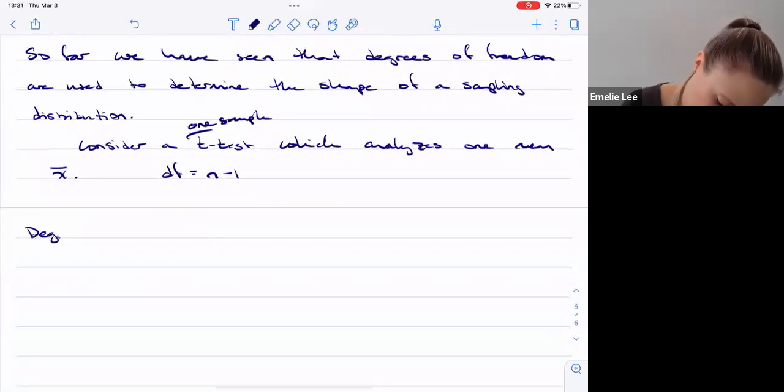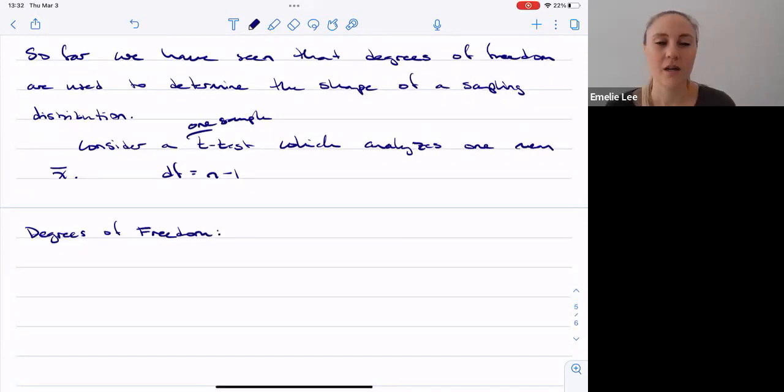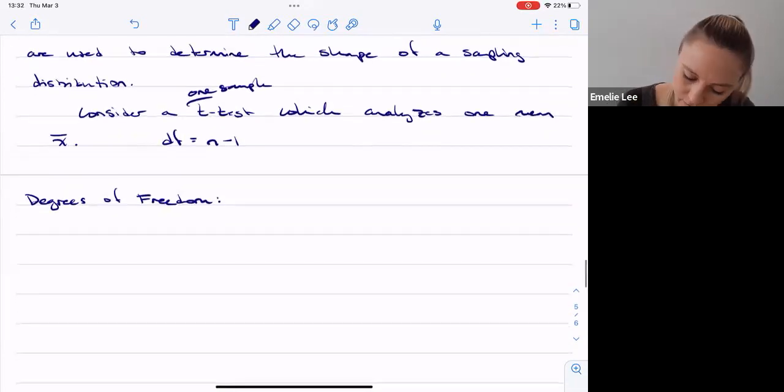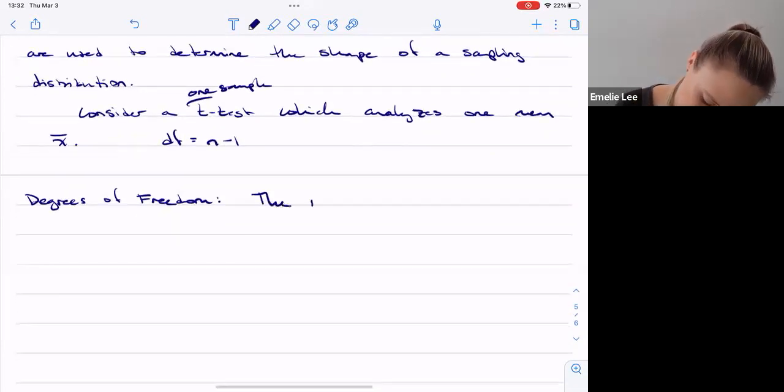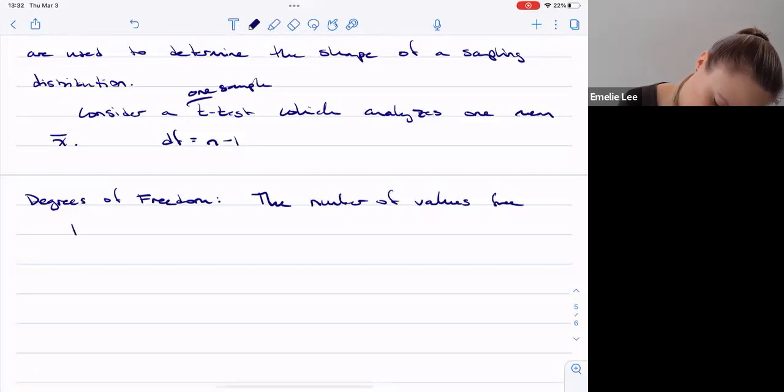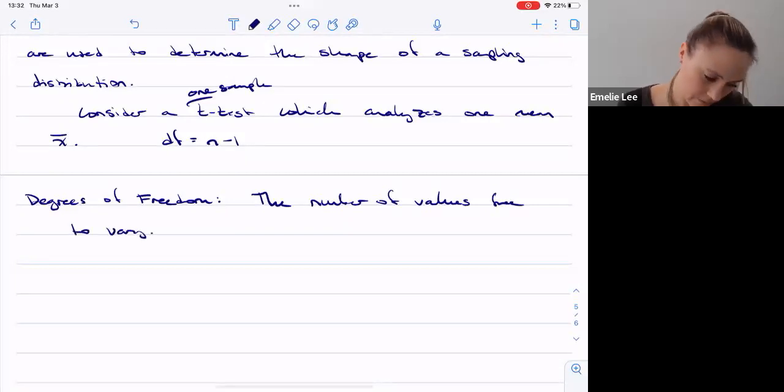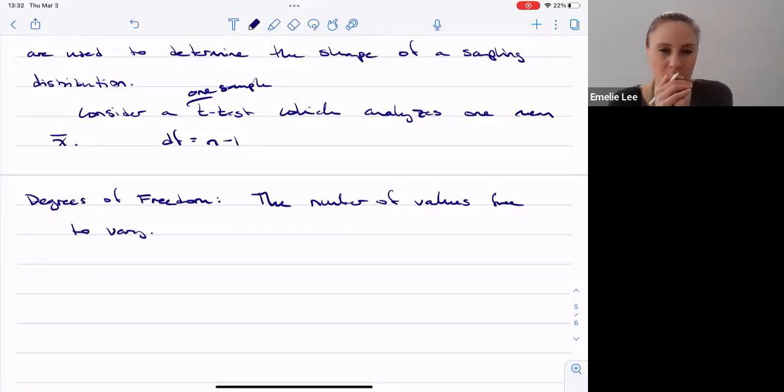The degrees of freedom are the number of values that are free to vary. So going back here, why is it n-1?